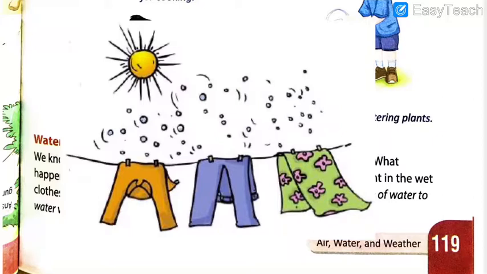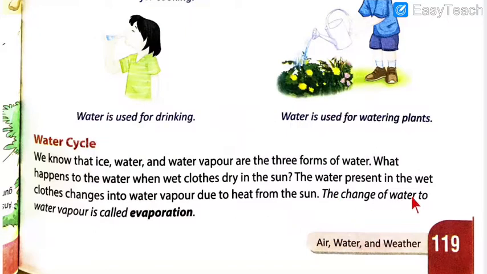But why because of sunlight? If the sunlight would not be there, your clothes would take much more time to dry. Why so? Because the water present in the wet clothes changes into vapor due to the heat from the sunlight. So I have one more picture to support this example.